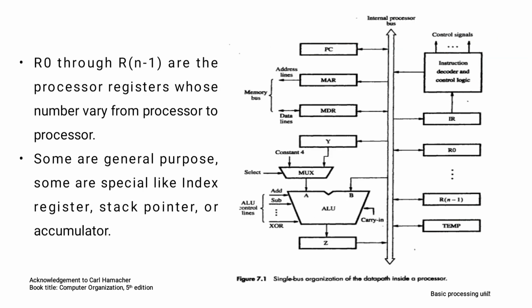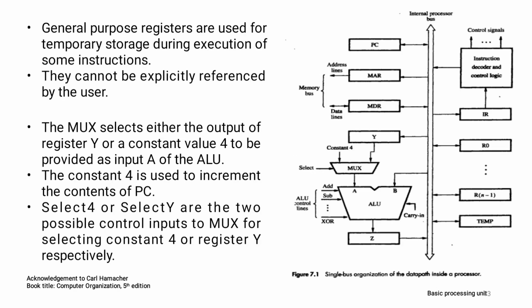R0 through Rn-1 are the general purpose registers, whose number may vary from processor to processor. The general purpose registers are used for temporary storage during execution of some instructions.